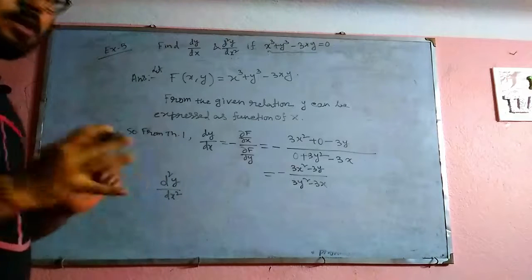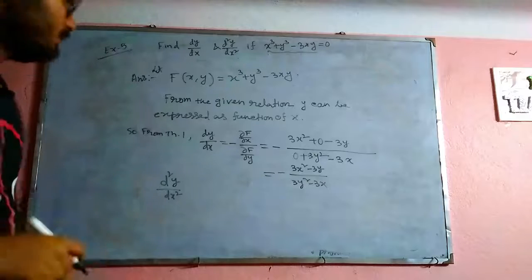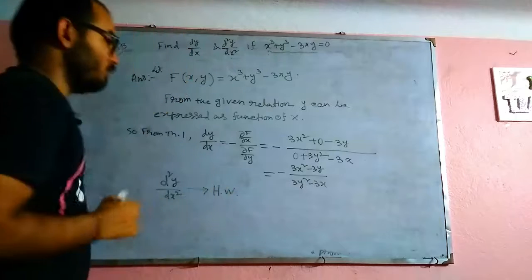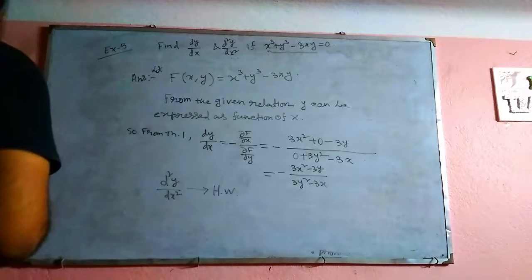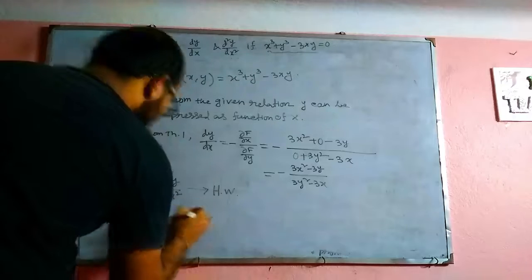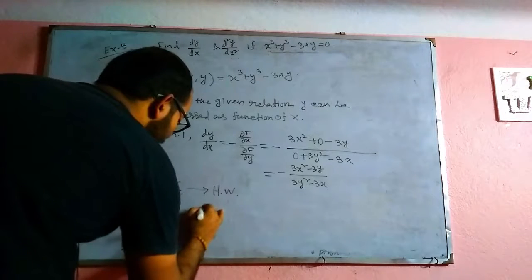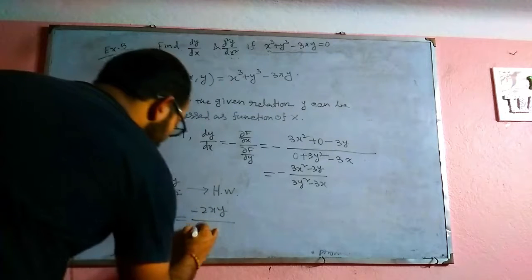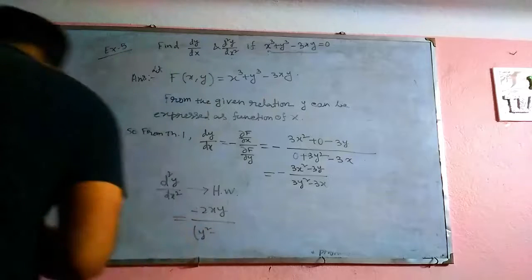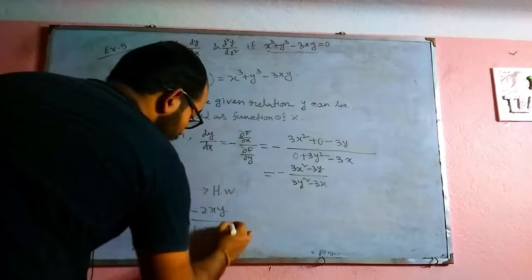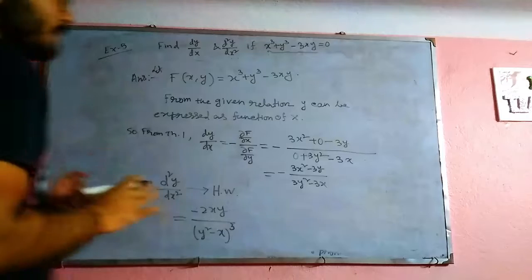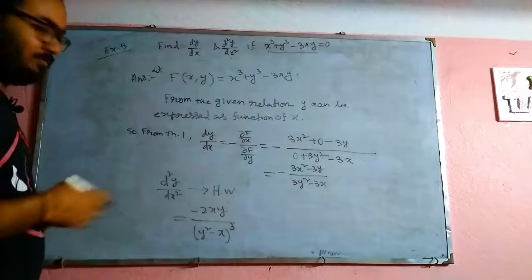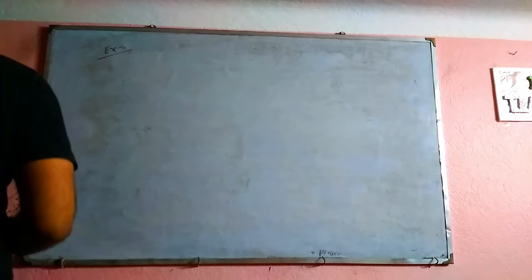That is why I am ignoring this. This will be homework. Now the answer will be minus 2xy by y square minus x whole cube. We have to do some calculations which are very big.